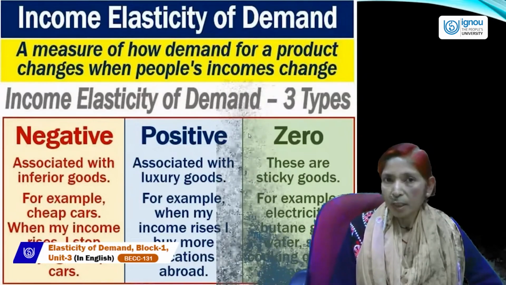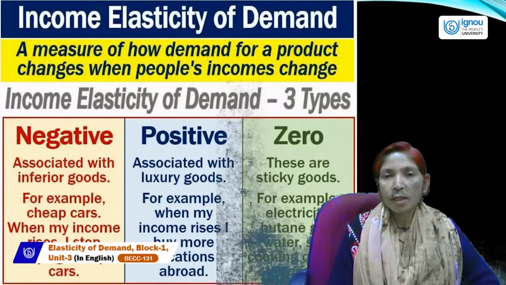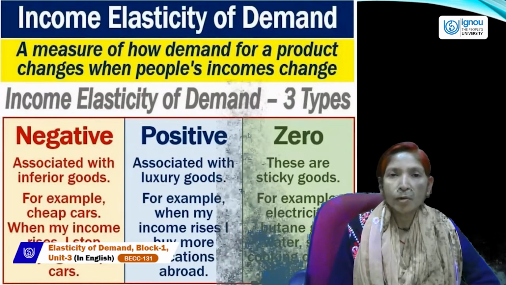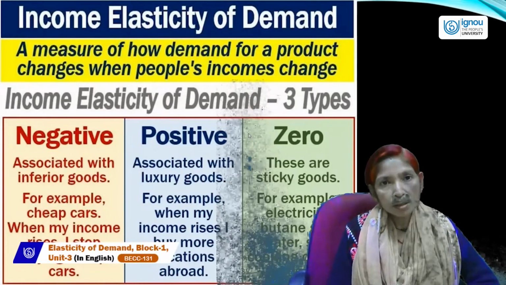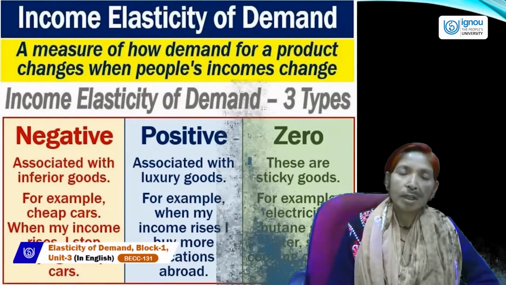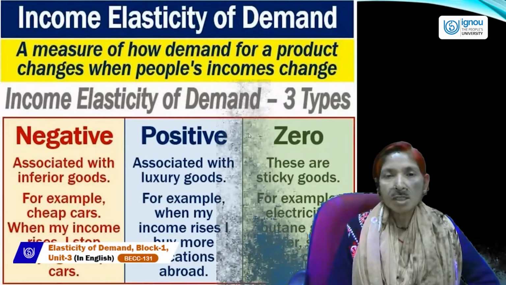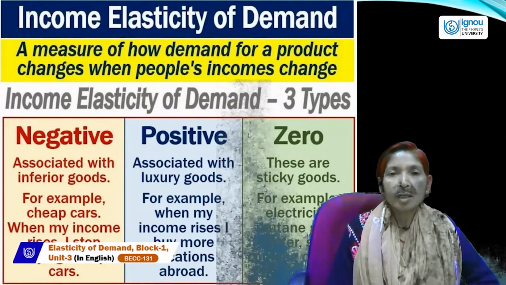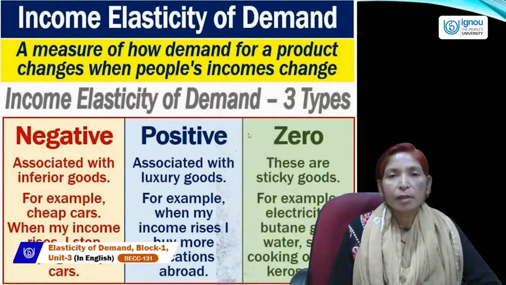If goods are inferior, then there is an inverse relationship between income of the consumer and demand for inferior products. At higher income, inferior products demand will be lower, and at lower income, inferior products demand will be higher. So if there is a negative relationship between income of the consumer and demand for a product, then it will be called negative income elasticity.